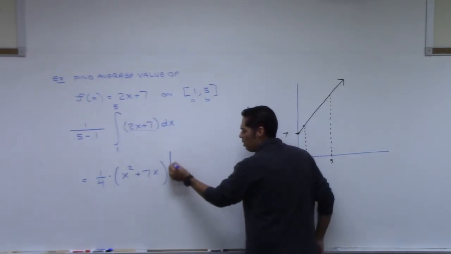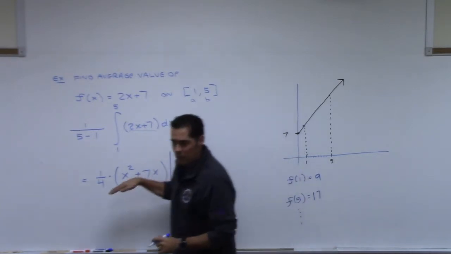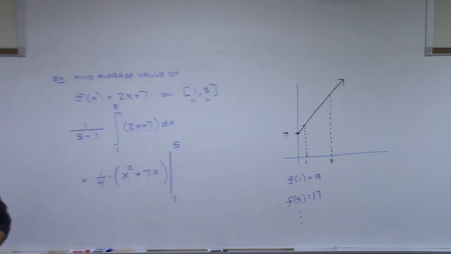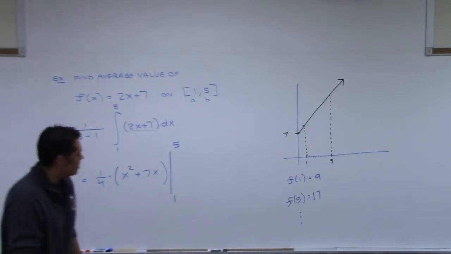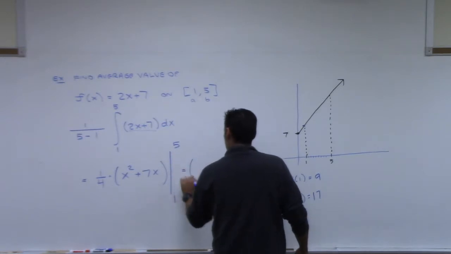And then remember this bar from last time? You put this little bar here to help remind you that you still need to plug in 5 and plug in 1 and then subtract. Does that make sense so far? Okay, so let's see what this turns out to be.